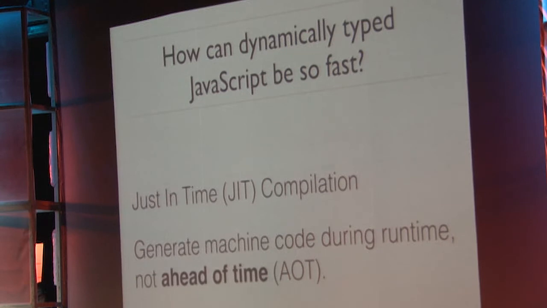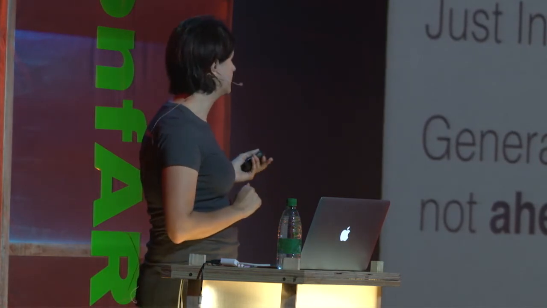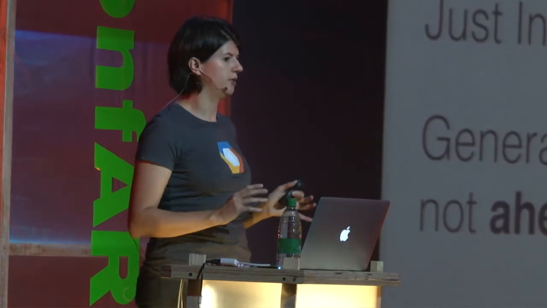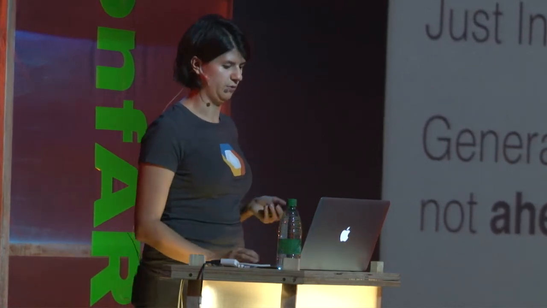It's not doing all the work ahead of time and getting everything ready and then running it. No, it's very lazily compiling a little bit and then running that compiled machine code, then compiling a little more as it needs it. So just-in-time compilers alternate between compiling and executing the machine code.